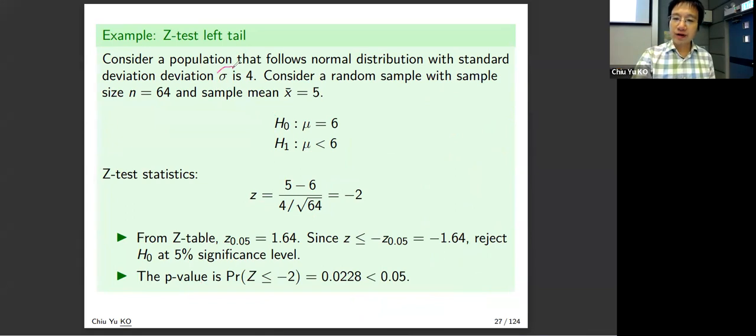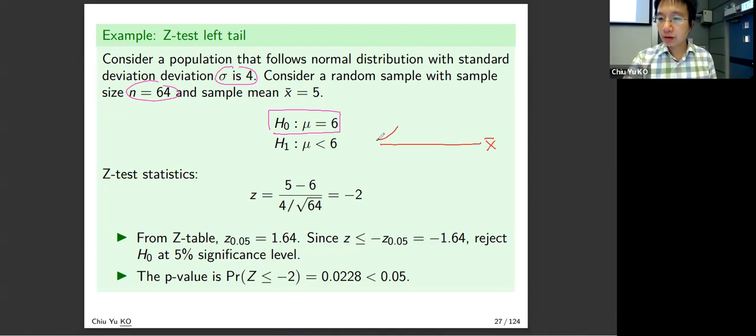We have sigma equal to 4 and n equal to 64, and mu is 6, which is the same. So let me draw it again. X bar here, under the null, 6 is here.